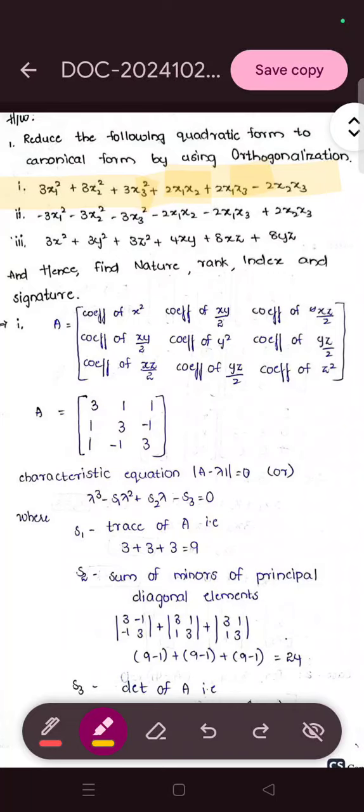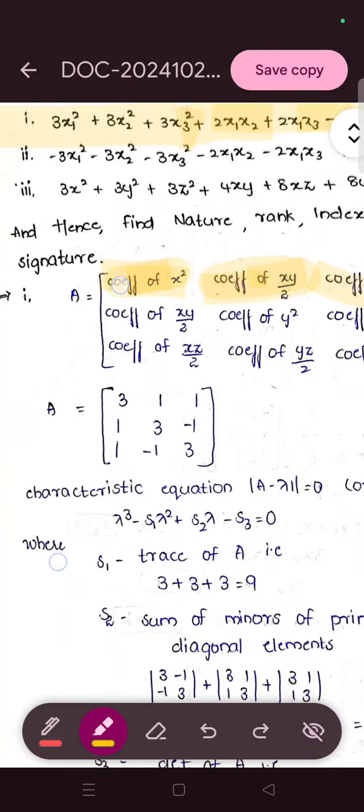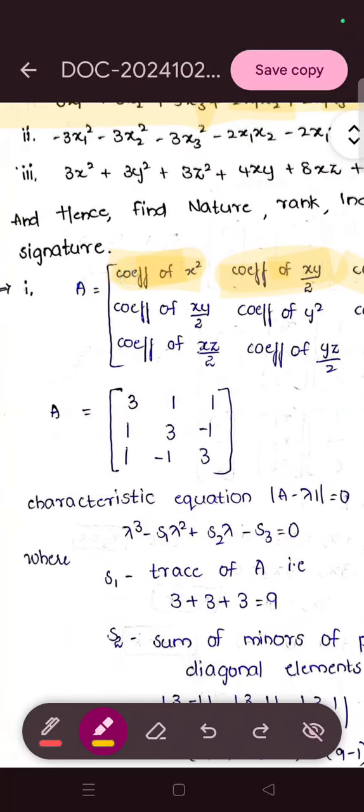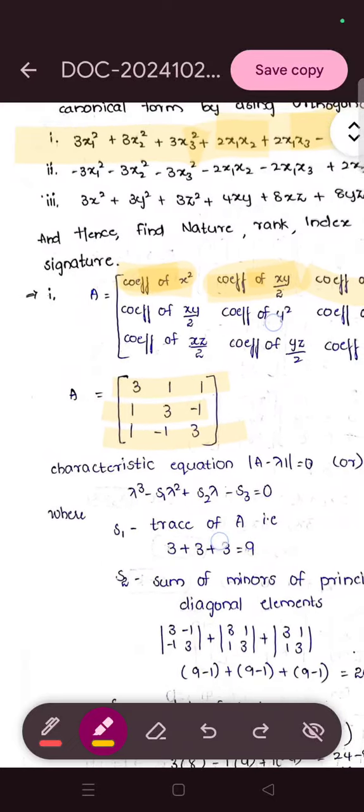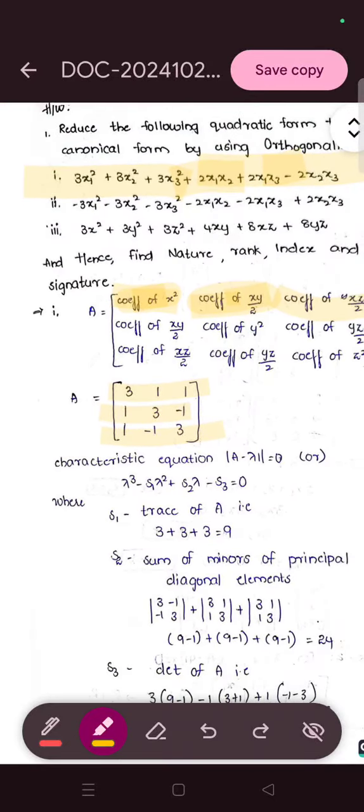Here we get the coefficient of x1 squared, coefficient of x1x2 by 2, coefficient of x1x3 by 2, similarly for the remaining rows 2 and 3. So then we get matrix A. The first row is 3 1 1, the second row is 1 3 minus 1, and the third row is 1 minus 1 3. So for orthogonal transformation, we need the model matrix, which is formed by the normalized eigenvectors.